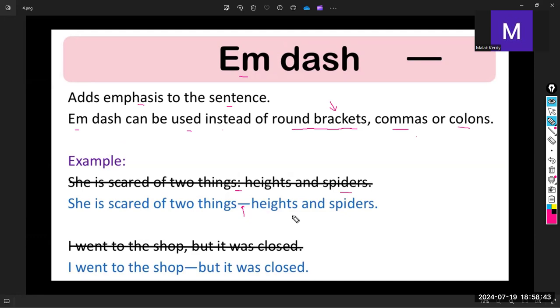Okay, Malak, I know that there is a question in your mind. Maybe you want to ask me, teacher, why are you explaining these punctuation marks? It is enough to explain the comma. I don't need the M dash, the brackets, or colons. Keep in mind, please, Malak, that in writing, you have to avoid repetition.